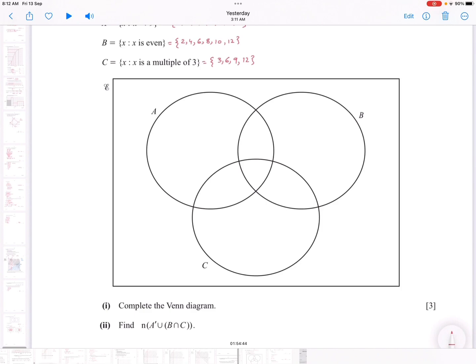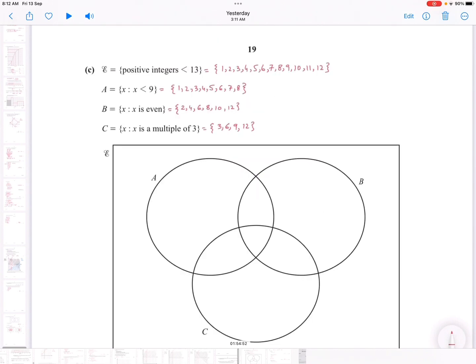So I started from 6. 6 I can see in all A, B and C sets. Then 1, 5, 7, which are only in A, not in B and C. 2, 4, 8 are in the intersection of A and B. 10 is only in B, not in others. 12 is in B and C, not in A. And 9 is only in C, not in others. 3 is in A and C, not in others.